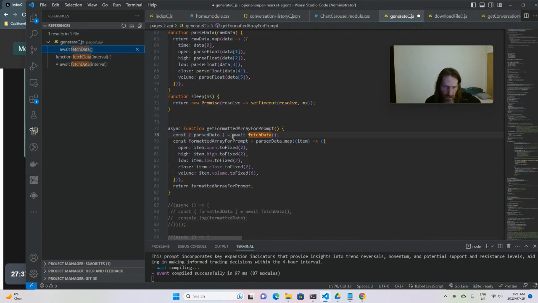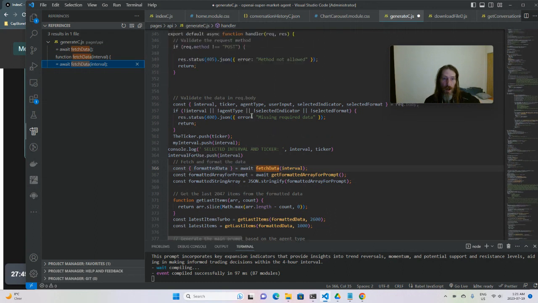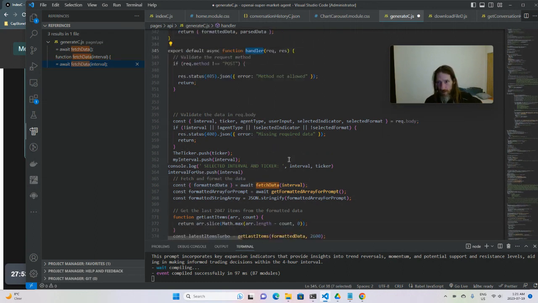Line 378, I do use it up here. And we're at line 366, inside my handler right here. So when I click the handler, all that will kick in.